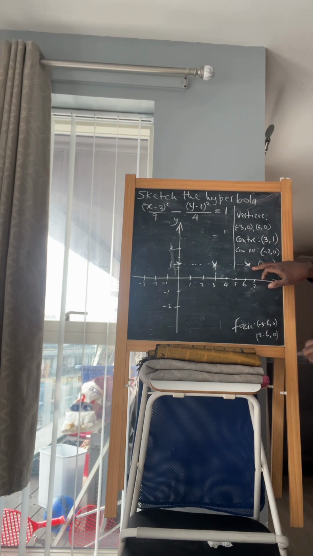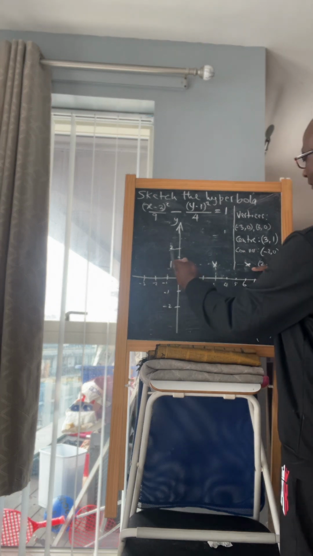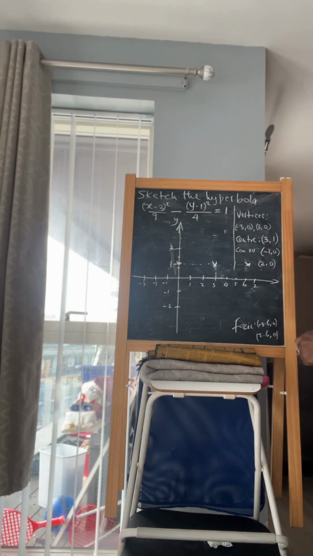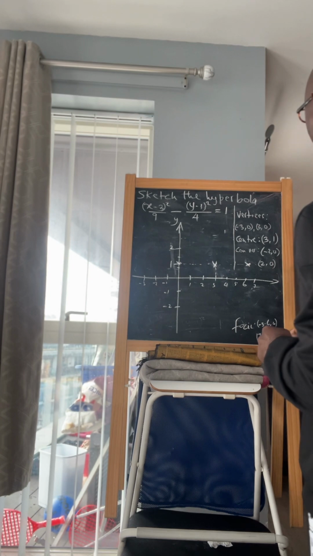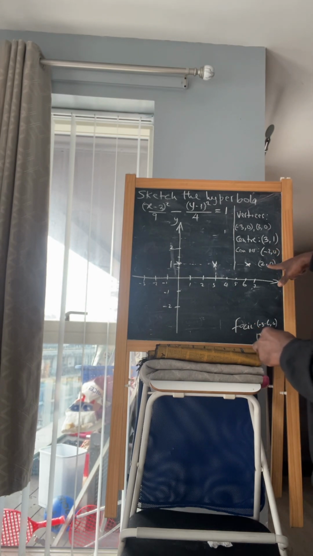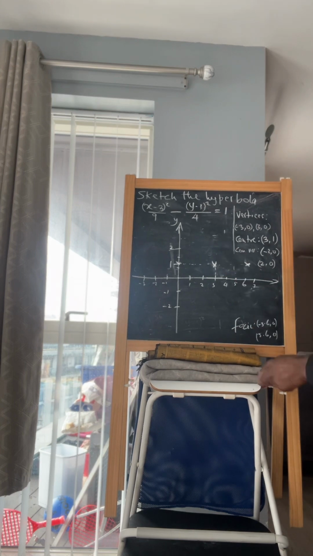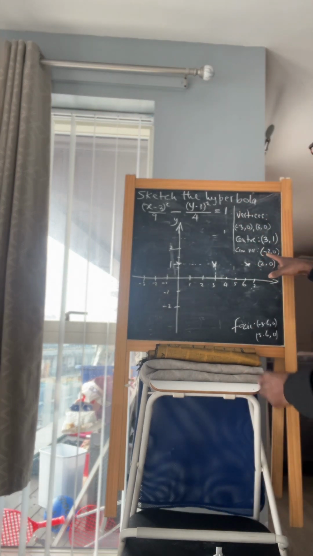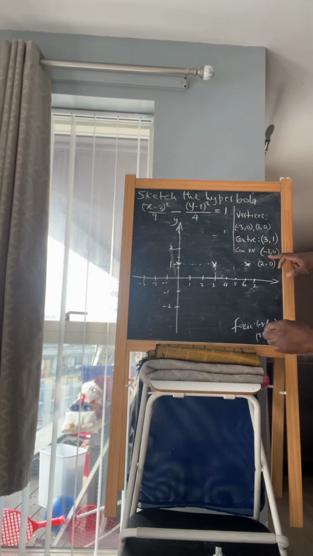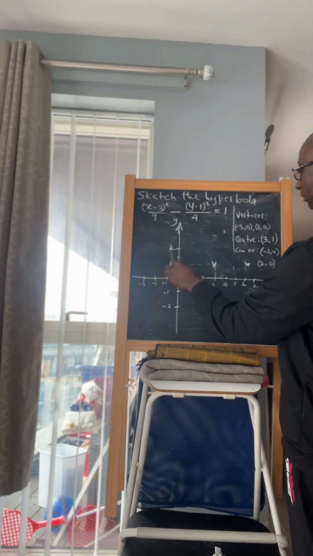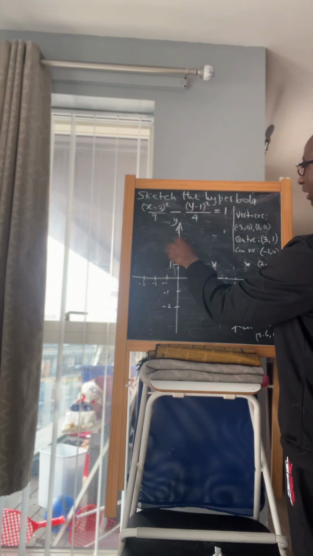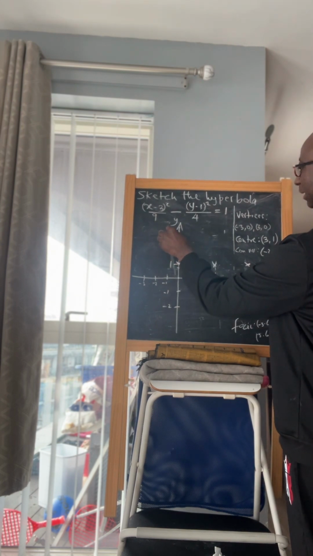So what we need to do now: this is our vertex here. Our co-vertices are minus 2, 0 and plus 2, 0. Again, you count 1, 2, so it's going to be here.